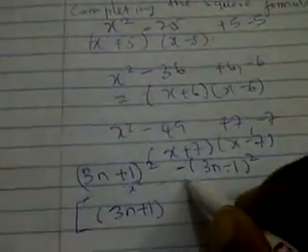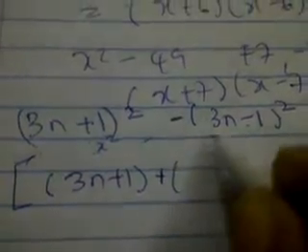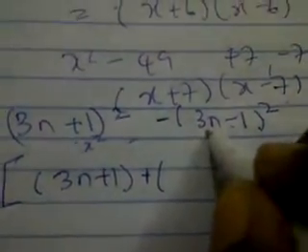Now this is more like x squared minus y squared. When you're solving this out, we always use this notation: x squared minus y squared equals x plus y into x minus y.